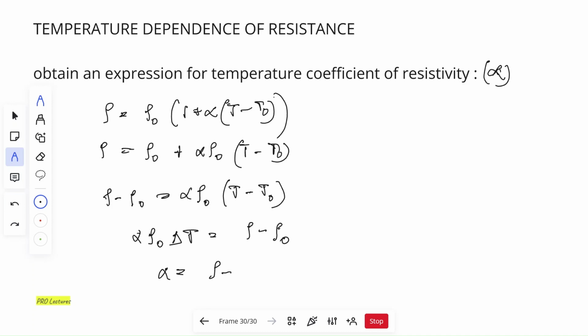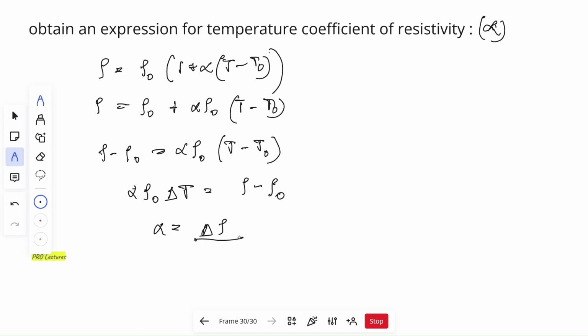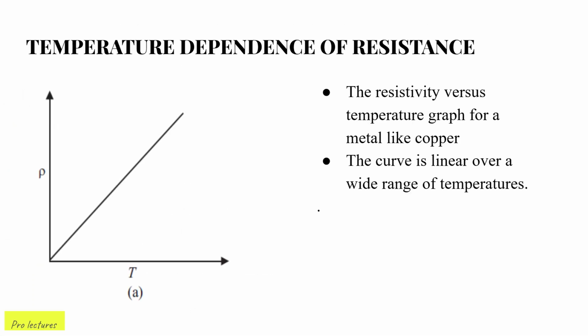This rho minus rho naught can be written as the change in resistivity del rho, divided by rho naught del T. The resistivity versus temperature graph for a metal like copper is shown here.